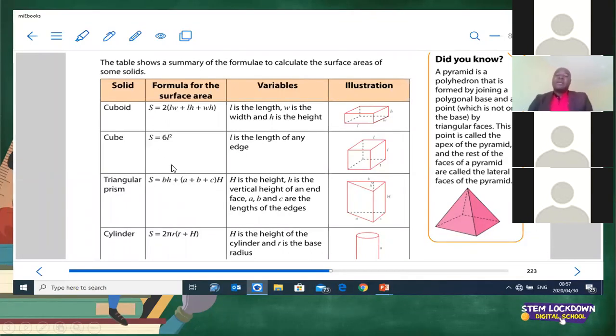Why by 6? Why do you multiply by 6? Who can tell me? Why do you multiply by 6 when you want the surface area of the cube? And that is because the cube, all right, Azania, let's go to Azania and hear your answer before we carry on. Azania?